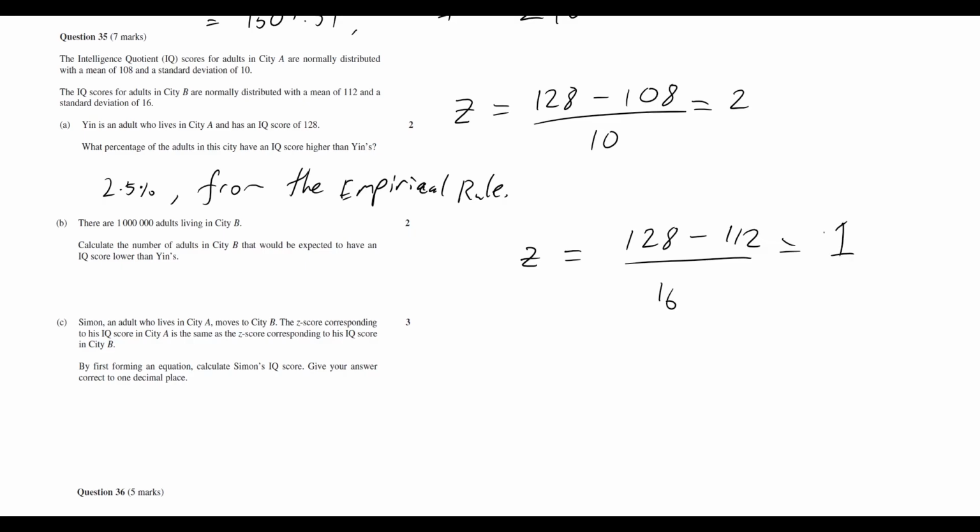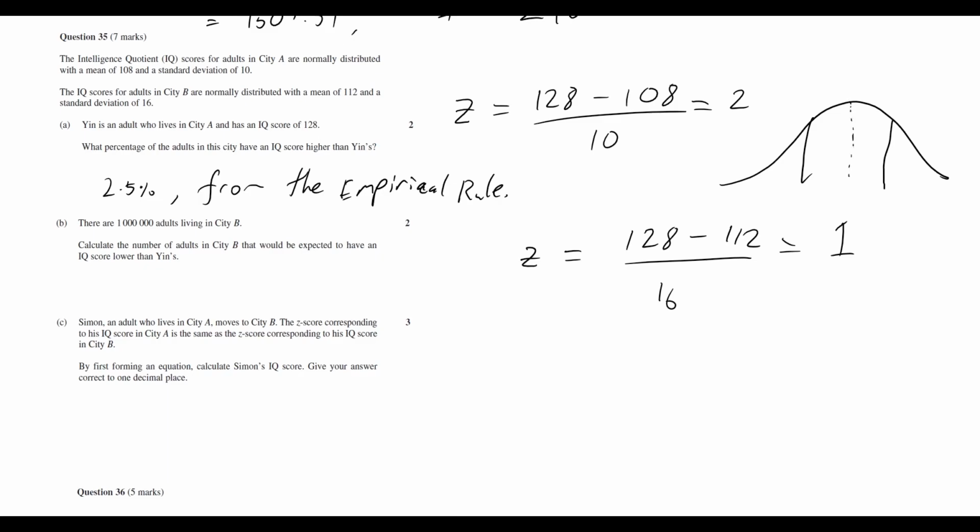And so again, as I said in the previous section, the empirical rule is going to apply very heavily here. So calculate the number of adults in City B that would be expected to have an IQ score lower than Yin's. So we know that if we have a look at our bell curve, we have that there's 1 standard deviation. We know that this contains 68% of the data.